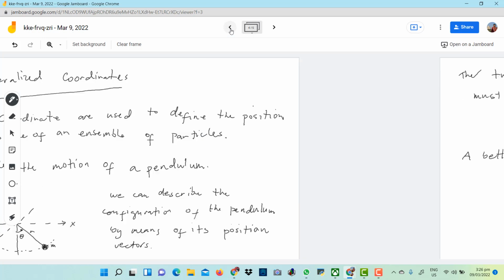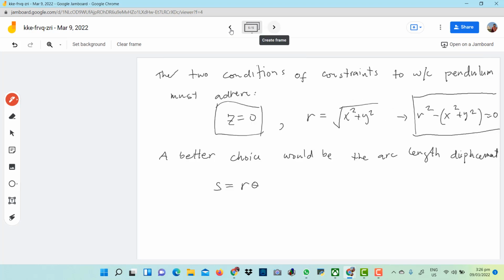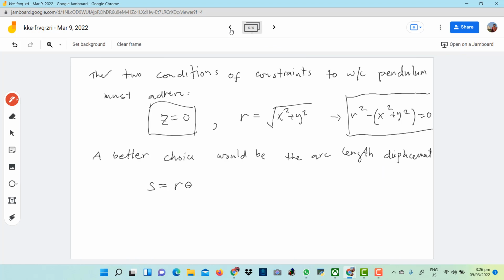Looking at the drawing, the arc length is just this. Theta is the angular displacement while S is the linear displacement. So this is the arc length, R times theta. The important point here is that the pendulum really has 1 degree of freedom.